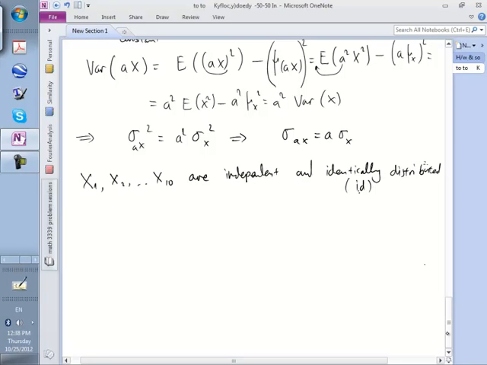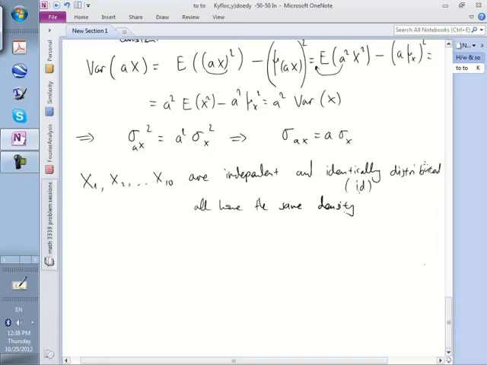Identically distributed means that all have the same distribution function, or equivalently, all have the same density. So if all have the same density, what do all have?